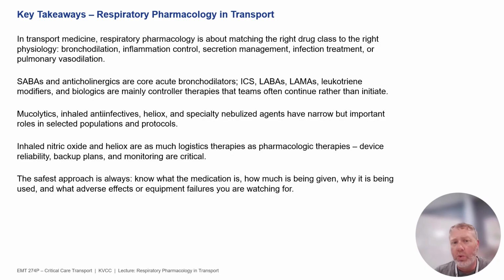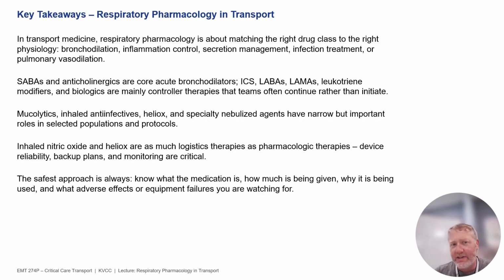Your acute tools are your short-acting beta 2 agonists like albuterol, and your anticholinergics like Atrovent. Everything else is either a controller or maintenance therapy that you're continuing on a schedule, or a specialty therapy like heparin, lidocaine, etc.